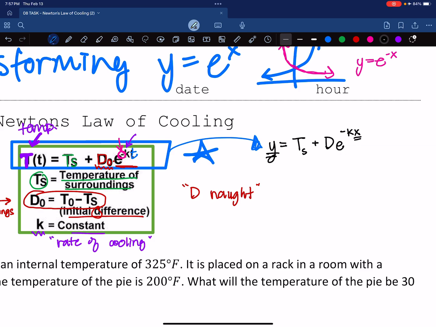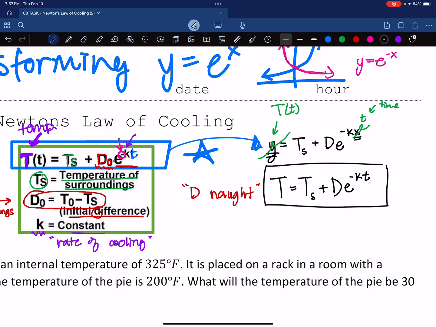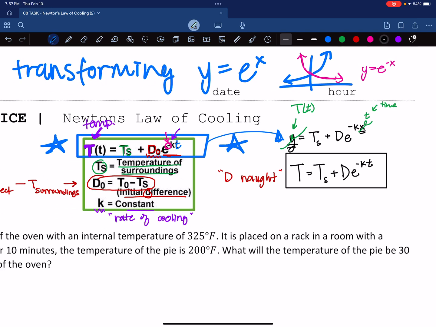But just to be more descriptive in our formula, we change these out for little t for time and big T for temperature. So function notation would just do T of t, but you could totally just do this. Temperature is equal to the temperature of surroundings plus the difference in temperature times e to the negative k times time.